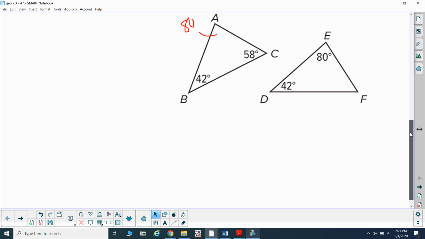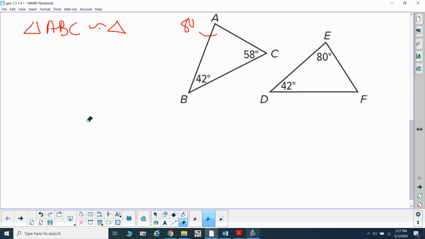And the similarity statement would be, for example, triangle ABC is similar to triangle, and you should have the triangle symbol there.